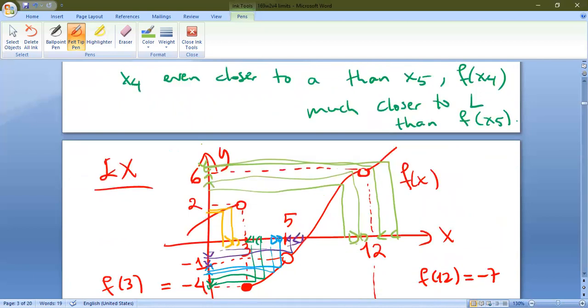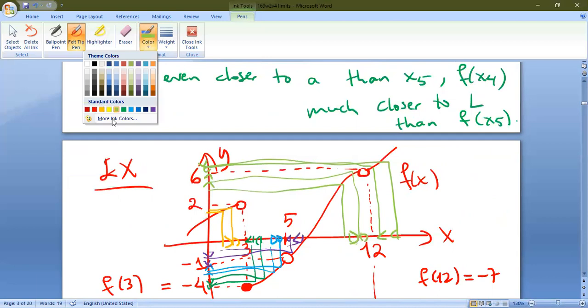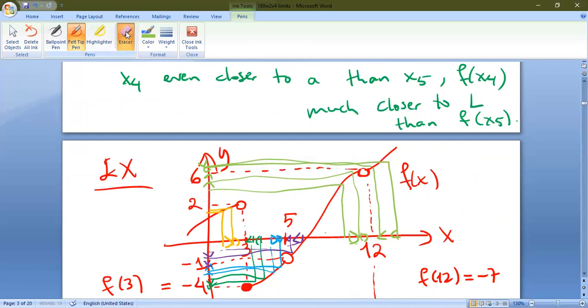Let's give some other number here, let's say 8, and so what happens?